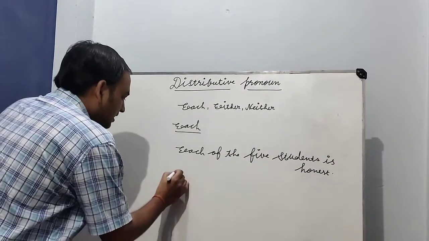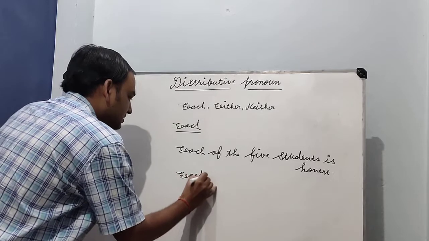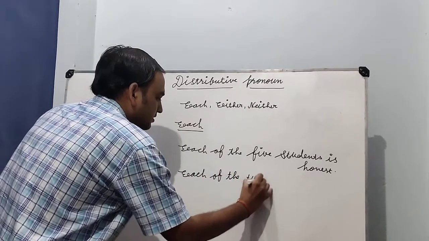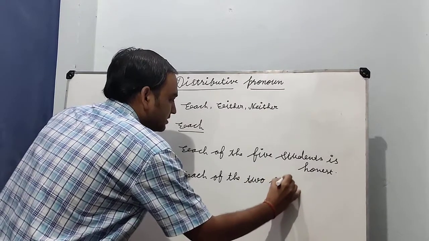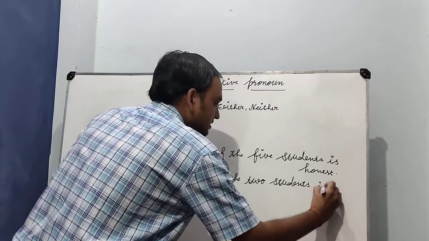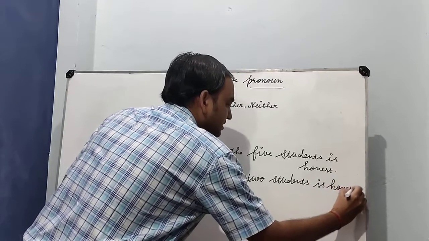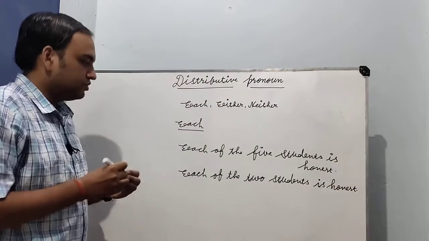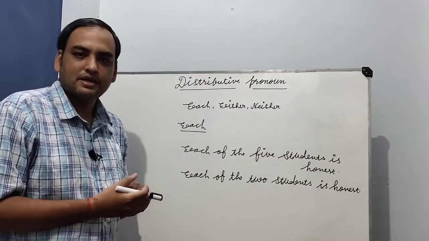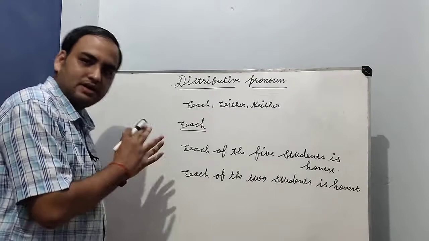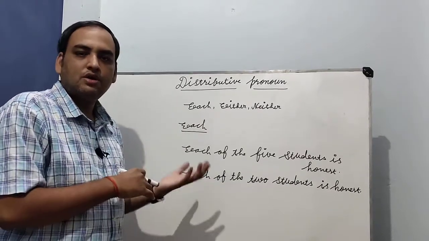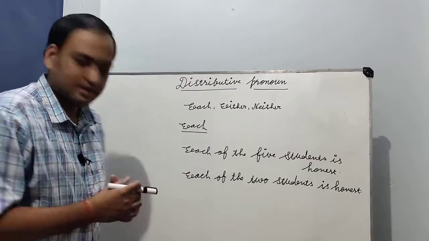Okay, we can also use this: each of the 2 students is honest. It means that दोनों में से प्रत्येक स्टूडेंट क्या है, honest है, ईमानदार है. Okay guys, so we have understood how we can use each. Each is used for 2 or more than 2 persons or things.